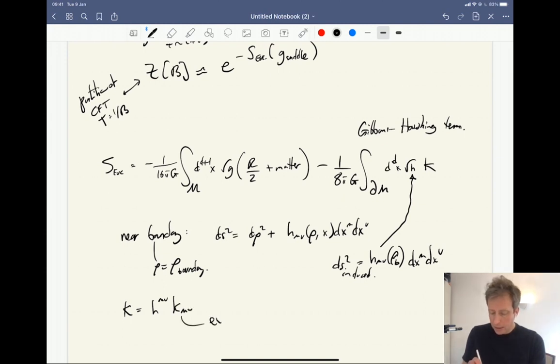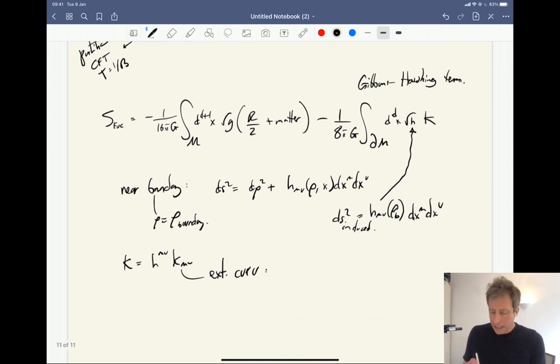This is the extrinsic curvature, or so-called second fundamental form, and it's defined in coordinates like this as half d by d rho of the metric, this function in here.